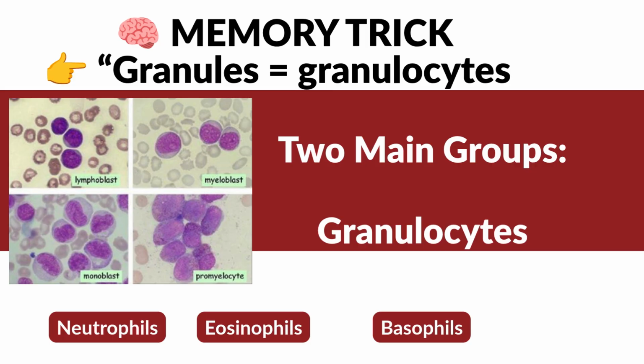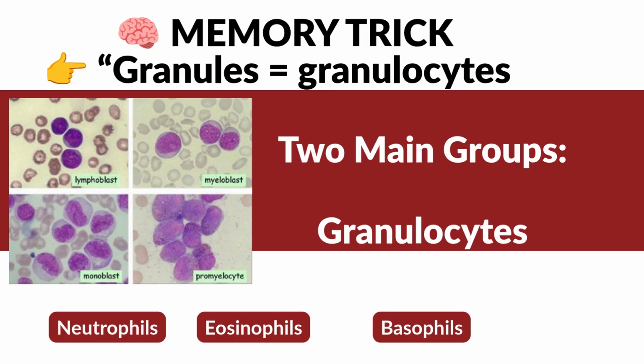And one important thing to remember for MLS connections: granulocyte abnormalities may involve count changes, toxic changes, maturation defects, and malignant proliferations.